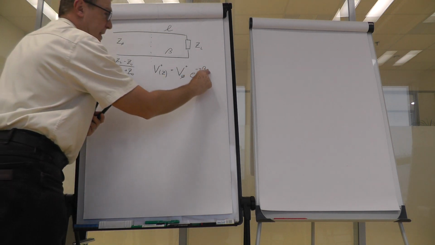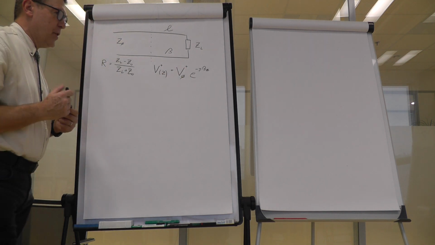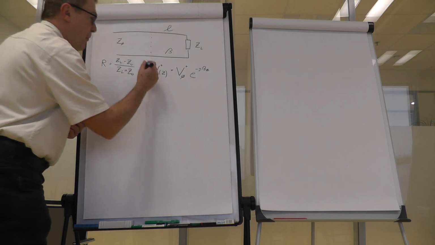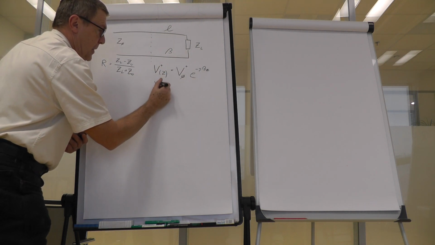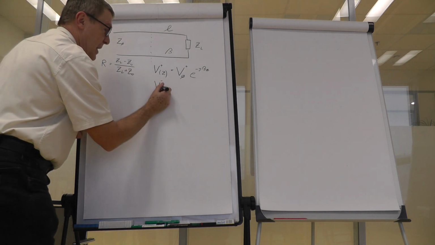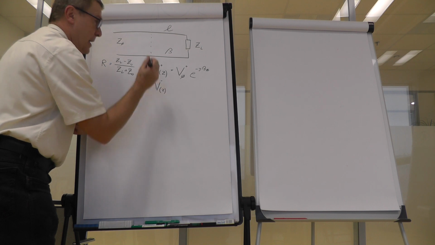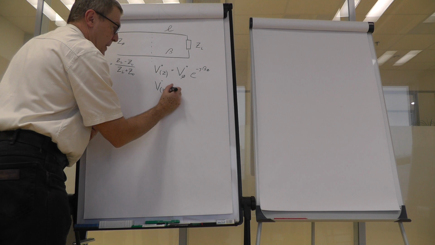So the coordinate z has a 0 at the place where we measure this voltage. And we have a reflected wave back, which is denoted by V with upper index minus. It's again a function of z. It's again a phasor, so I will make hats over that a little bit later.